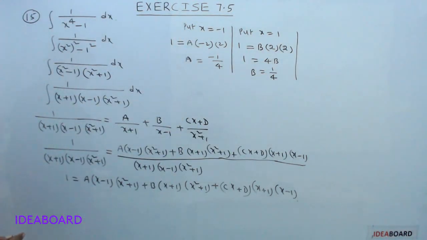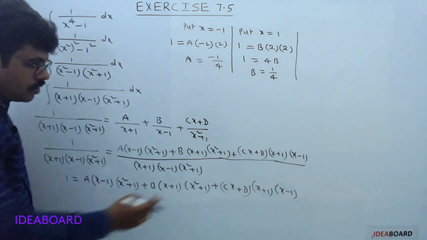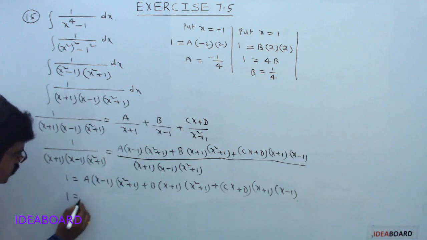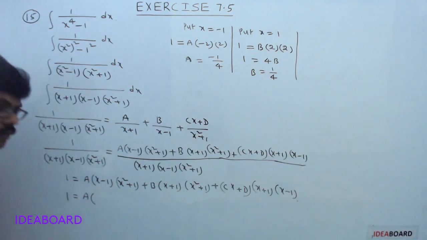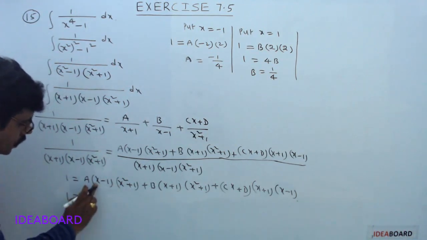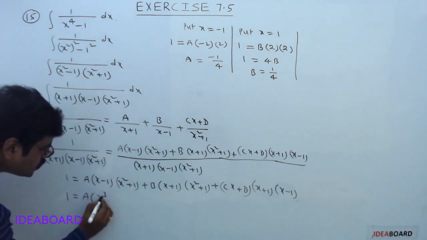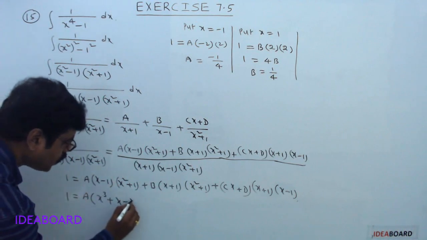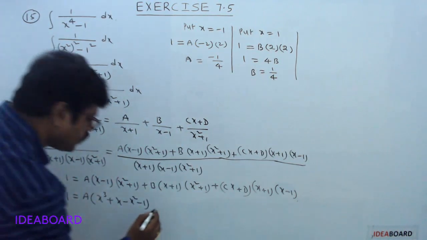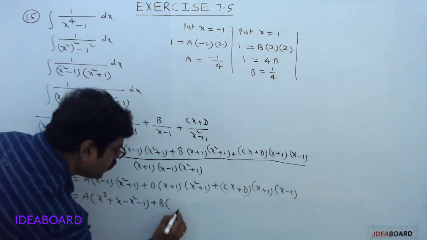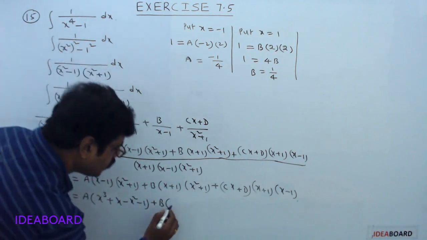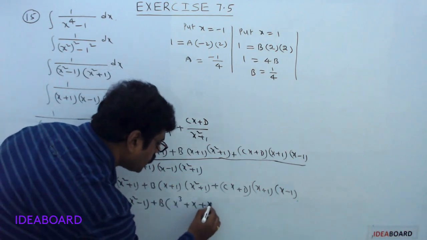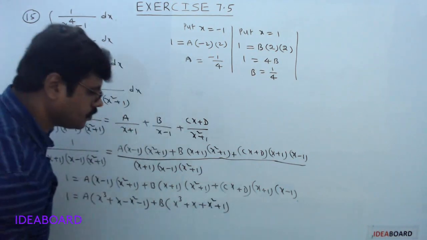Next, how to calculate the values of c and d? First, simplify this equation. Now, 1 equals a into, multiply these two factors, x into x square, this is x cube, x into 1, x, minus x square, minus 1, plus b into, multiply these two factors, this is x cube plus x square plus 1.